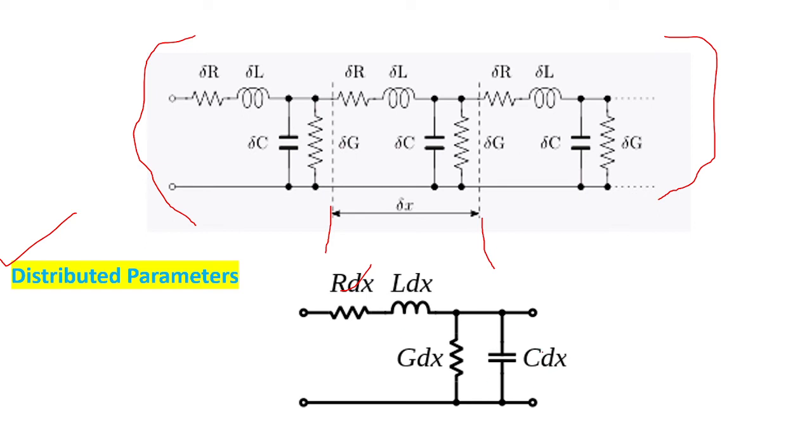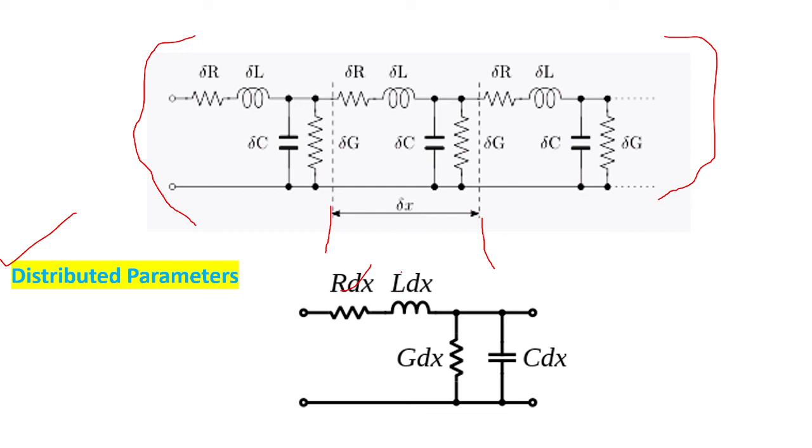RLCG primarily occurs when you apply a signal to the transmission line, so they are called primary constants. And these constants are not at a particular place, they are distributed parameters throughout the cable. If you consider any piece of unit section, that unit section should have all these four parameters. That is why it is called a unit section.